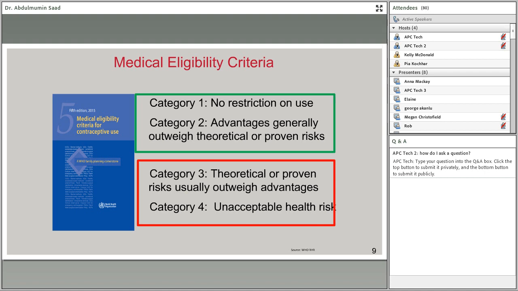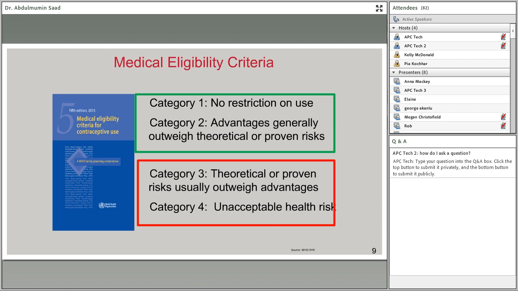The first category covers all conditions that do not have any restriction on use of the method. The second category is conditions where the advantages of using a method generally outweigh the theoretical or proven risks. In the third category, the theoretical or proven risks usually outweigh the advantages of using a method. And category 4 is an unacceptable health risk to use a method.